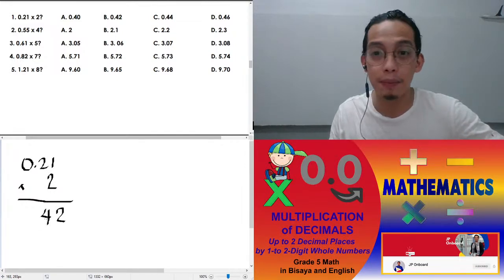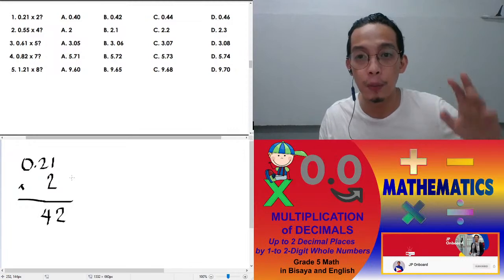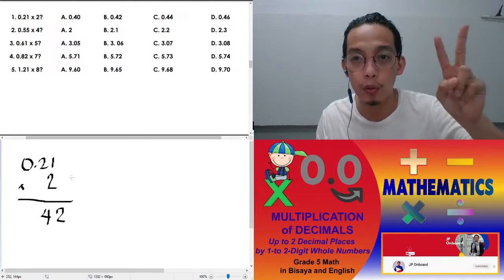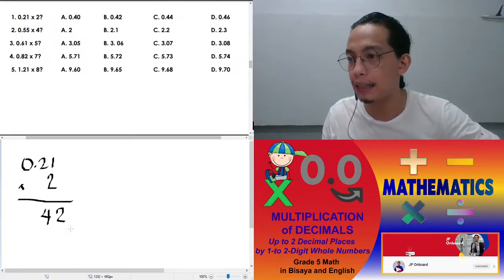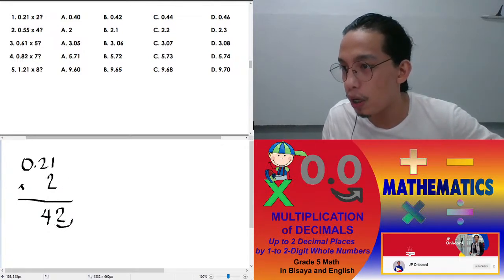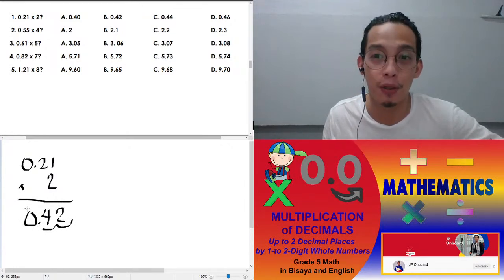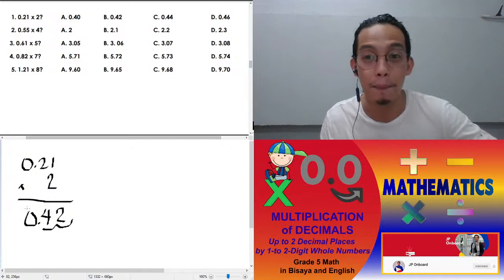And then decimal place. So in 0.21 we have 2 decimal places. In 2 we don't have, so we only have 2 decimal places. So we start here 1, 2, and the 0 point goes there. So the answer is 0.42. So the answer here is letter B.